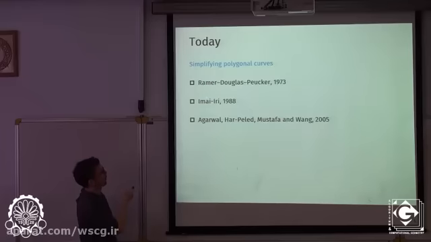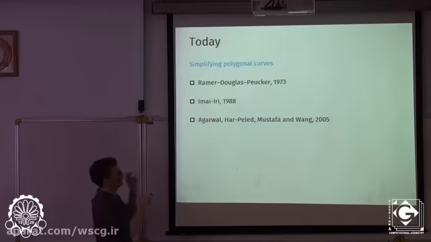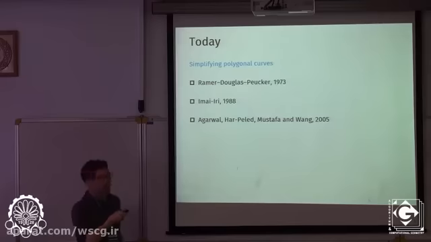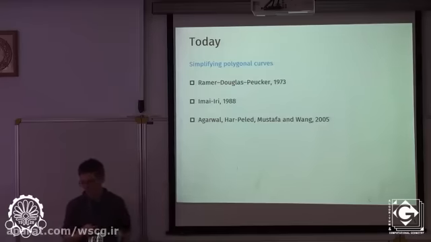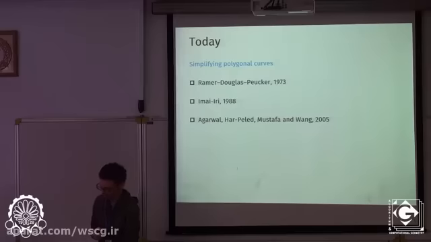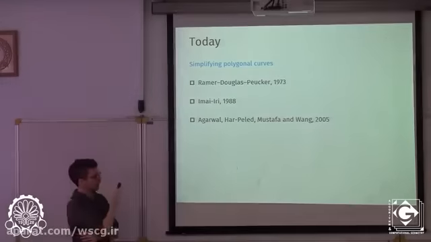But this is a quadratic time algorithm, or at least in its fast version, which is still not very fast. So I also want to discuss this algorithm by Agarwal et al., which is an approximation for what we get here, but will run in near linear time. Okay, so those are the algorithms I want to discuss.